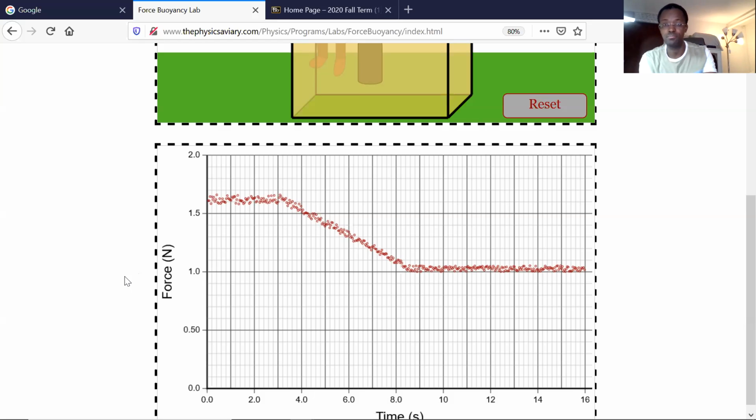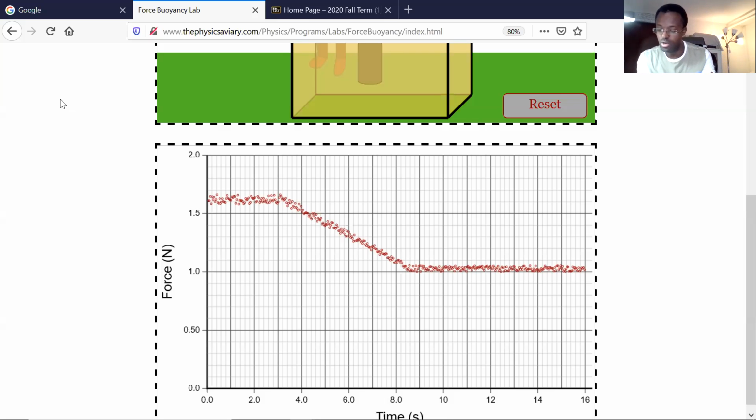Now the second part. But at the end you will have to graph all of this. Make a graph of the buoyant force versus the acceleration due to gravity, because with different planets we'll have different accelerations due to gravity, of course.